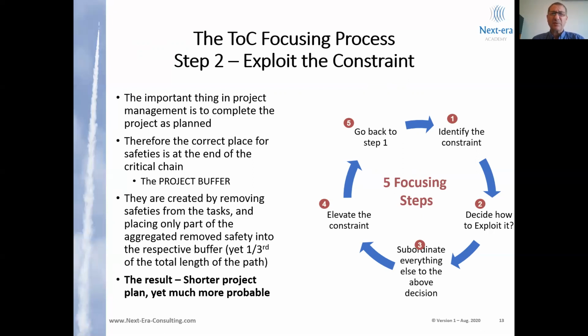So the buffer needs to be visible in the right place and in the right size. It cannot be too small and it should not be too big. The result is that the project plan becomes much shorter, at least 25% shorter than the original plan.